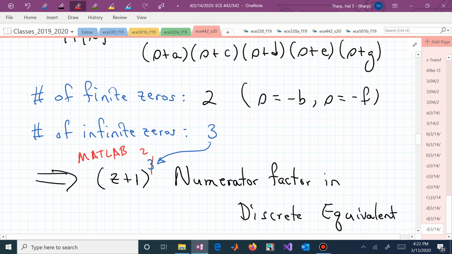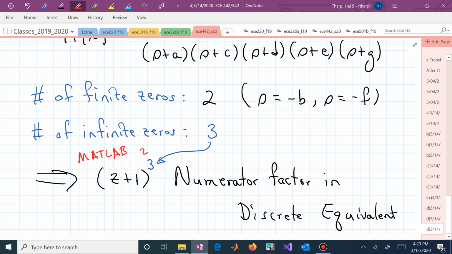It preserves at least 1 pole zero excess in the discrete time transfer function. It doesn't make the sum of the finite zeros and the infinite zeros in your transfer function H of z equal to the number of poles in H of z. For us, unless I tell you differently, you would have this z plus 1, with the number of factors equal to the number of infinite zeros.